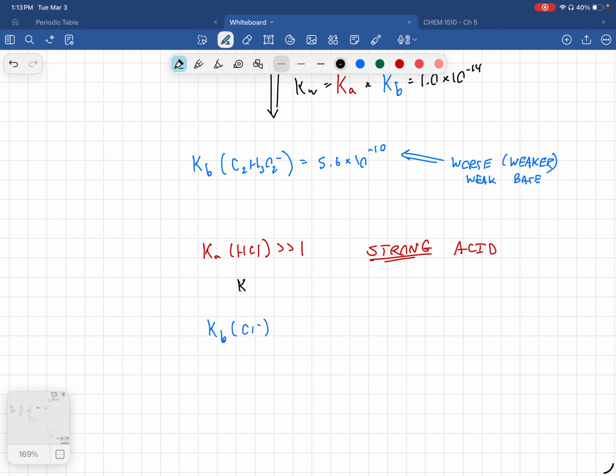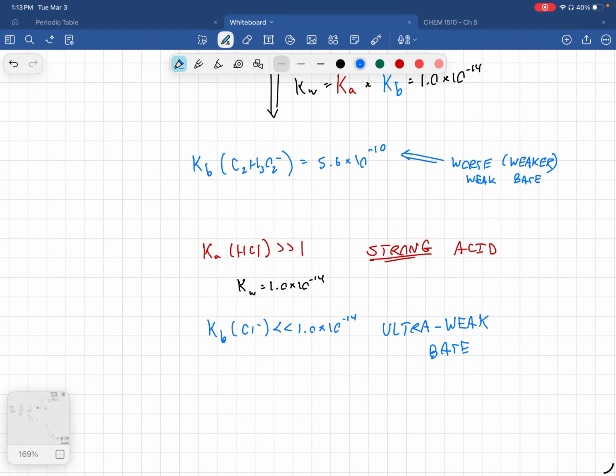Because if Kw equals 1.0 times 10 to the negative 14th, then 1 times 10 to the negative 14th divided by a very large number will lead to a very, very small number. And so we end up with something much, much less than 1.0 times 10 to the negative 14th. I'll just call it an ultra weak base.